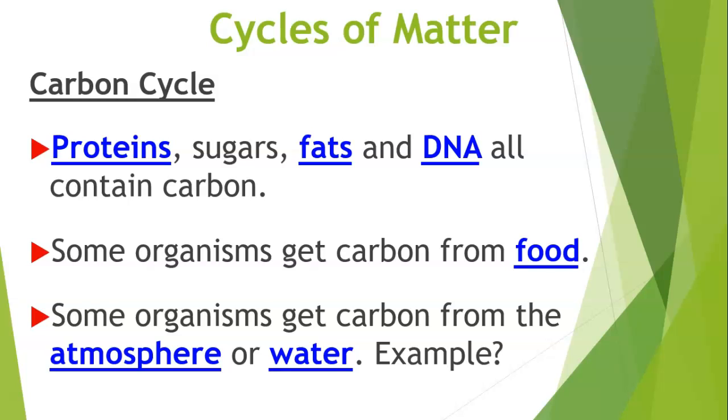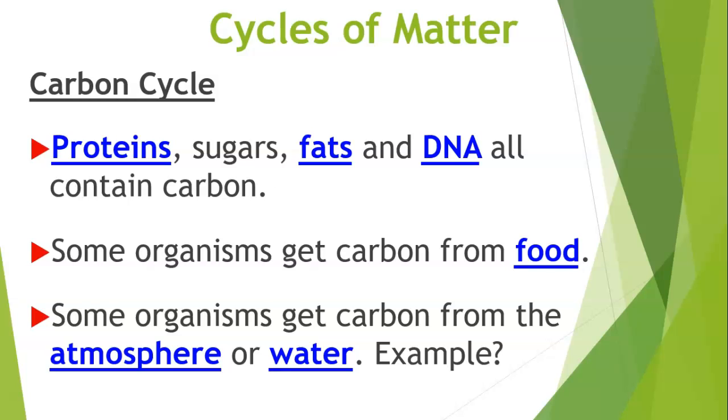So if these things are so important to living organisms, then where do they get the carbon from? Well, a lot of organisms, such as ourselves, we get carbon from food. So the food that we eat has carbon. That is because plants have carbon in them. We'll talk in just a moment why that is.